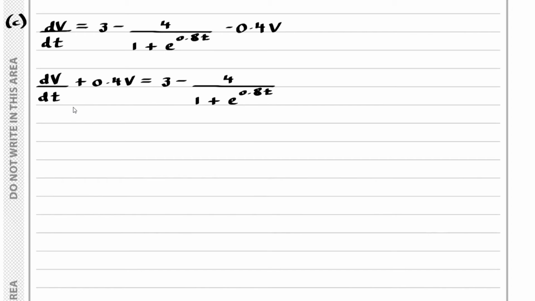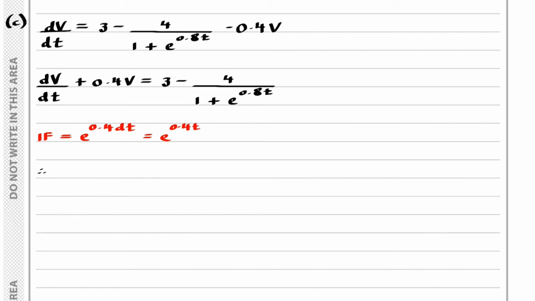And so, to work out our integrating factor to begin with, the integrating factor is given by e to the integral of 0.4 dt, which is equal to e to the 0.4t.